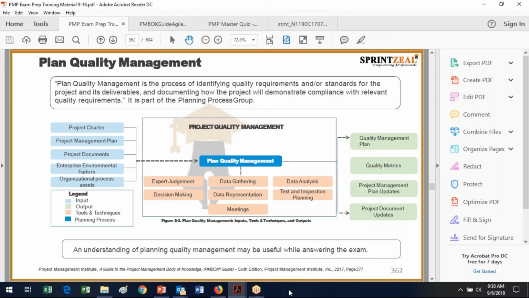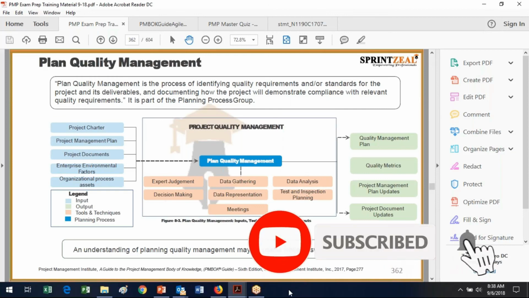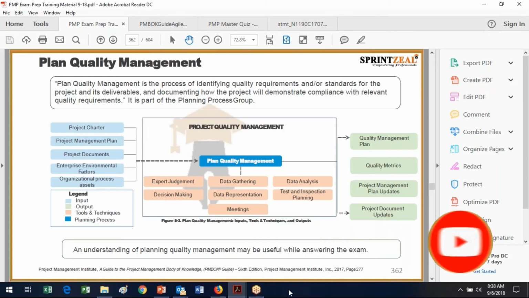So the project charter is an important input. And then we've got the project management plan and all of the aspects of the project management plan, of course, some of which we haven't discussed yet. And then we've got our EEFs, and you remember, are those internal or external? That is external. Correct. And then we've got our organizational process assets, and of course, that being the other side of the coin, those are then necessarily internal.